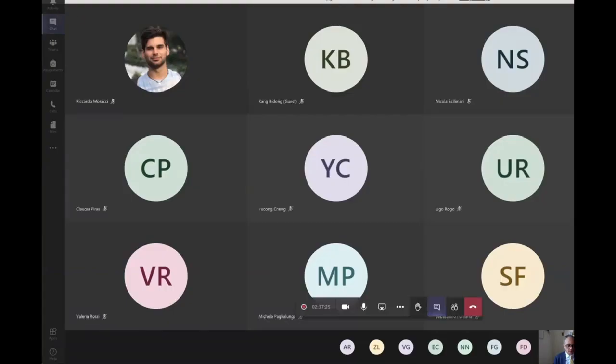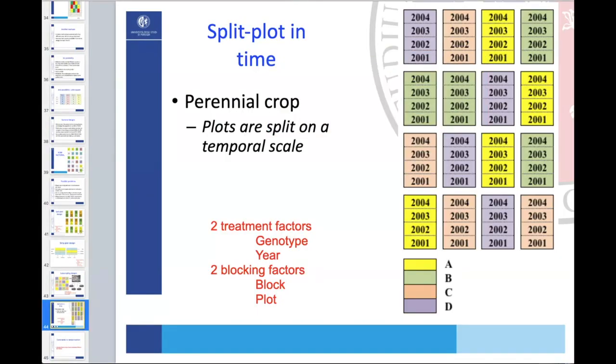So again, the same question. What type of design is in the figure, considering only the genotype factor? Someone said it is a randomized block design.